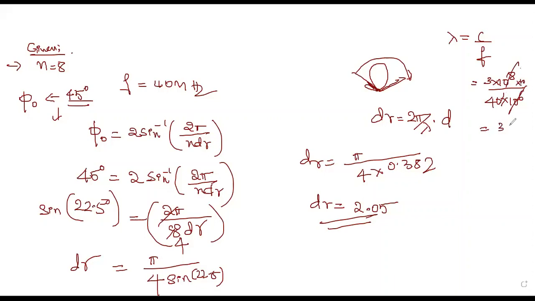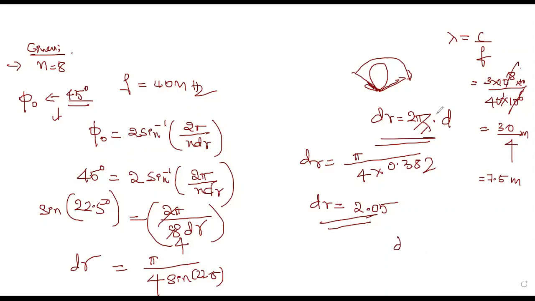So it is 30 by 4, which is in terms of meter. 7.5 now. 7.5 meter.